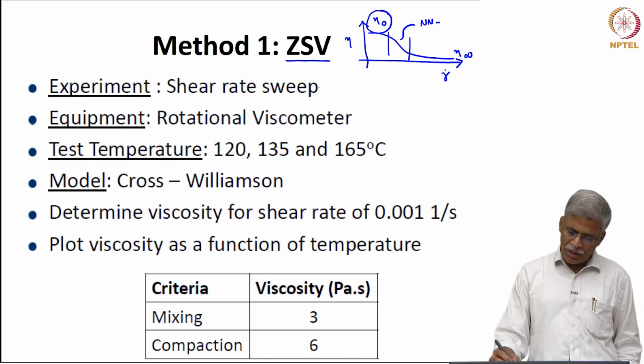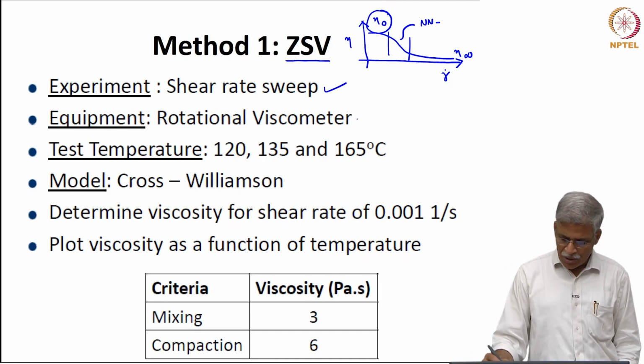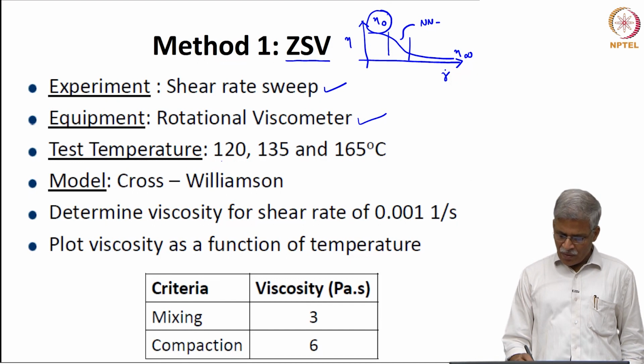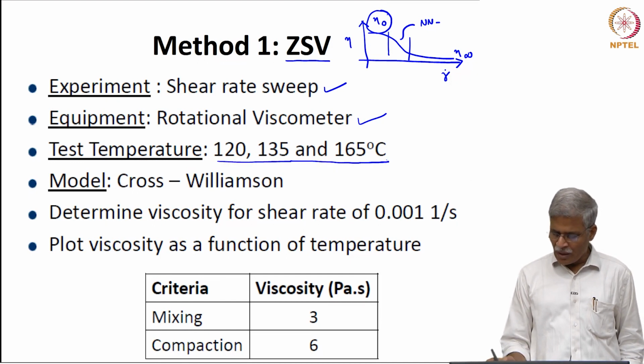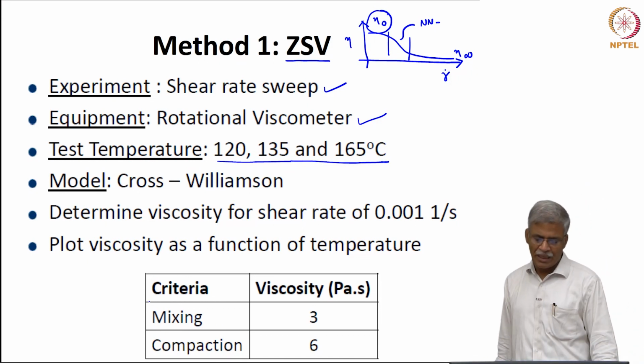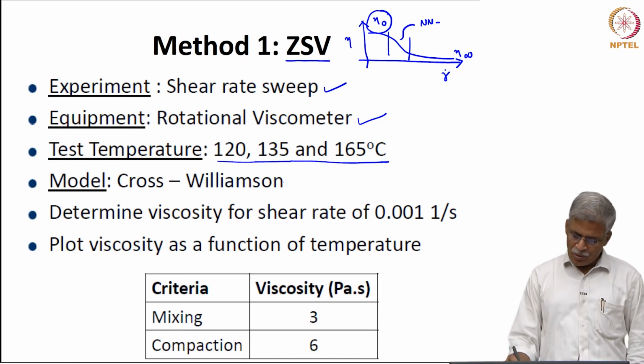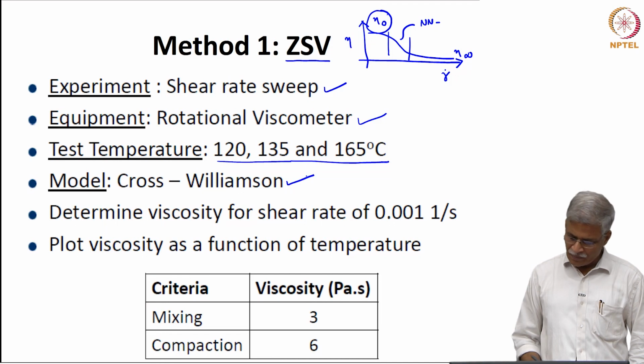So, we will do a shear rate sweep, we use a rotational viscometer and we are going to use 120, 135 and 165 degree centigrade, and we will use a Cross-Williamson model.